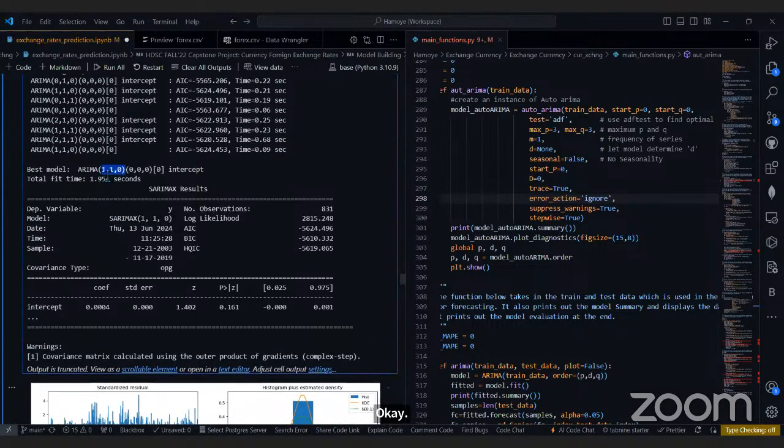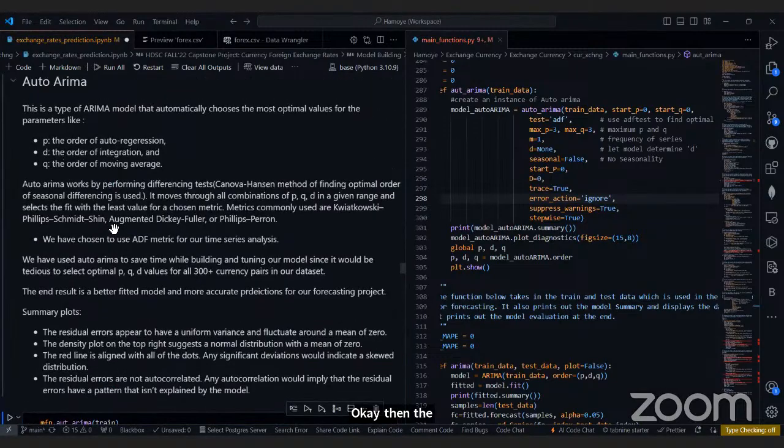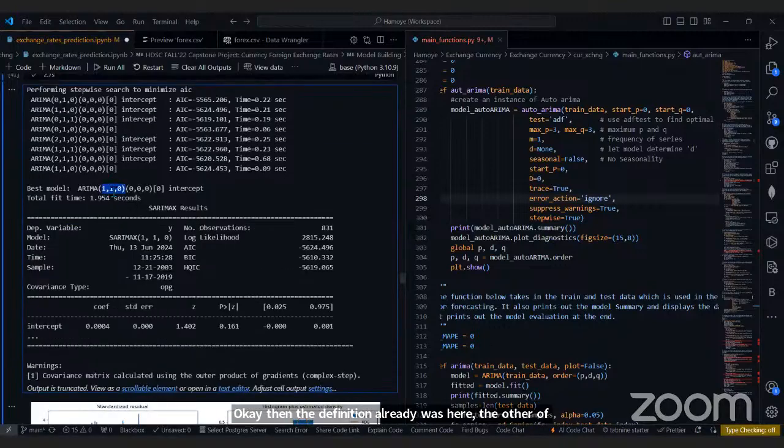So P being one indicates that the model uses one lag value of the dependent variable in the regression model. Then the definition was already here: the order of integration, the moving average, PDQ. So D being one indicates that the time series has been differenced once to make it stationary.